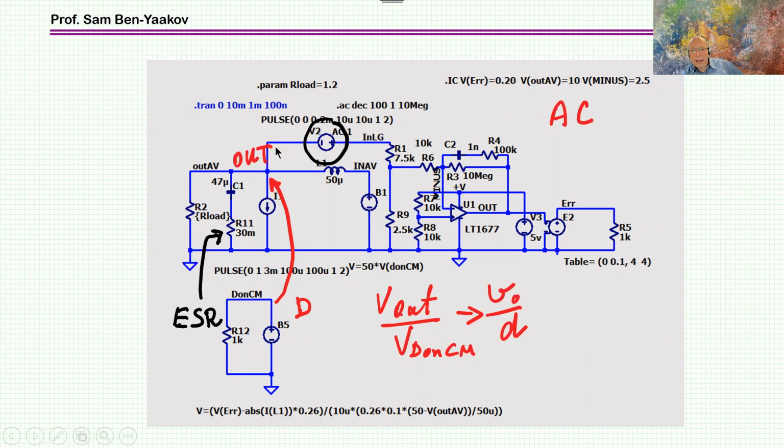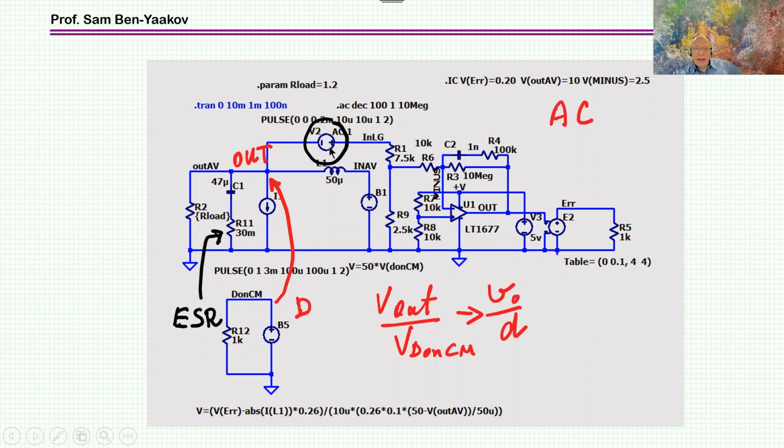And this will be correct for everything else in the circuit. Now, I've added here an AC excitation. And as I explained, this can be very useful to look at the loop gain, which I'm not going to do at this minute. I'll do it later on.